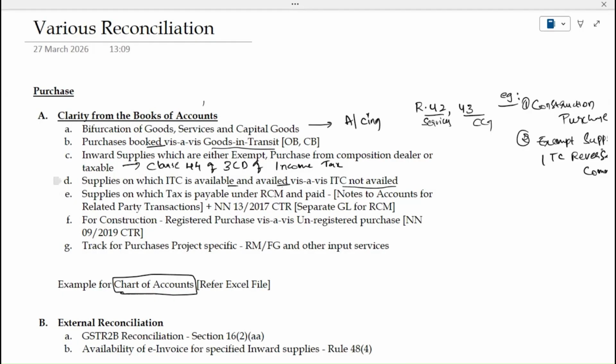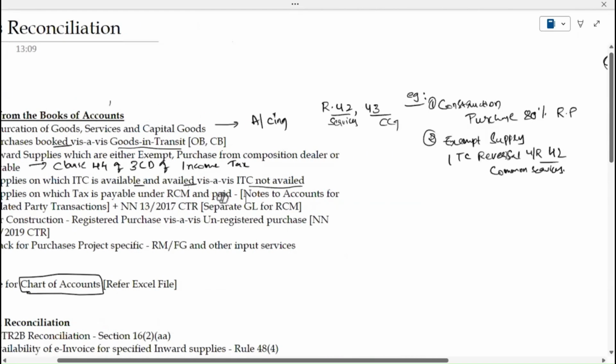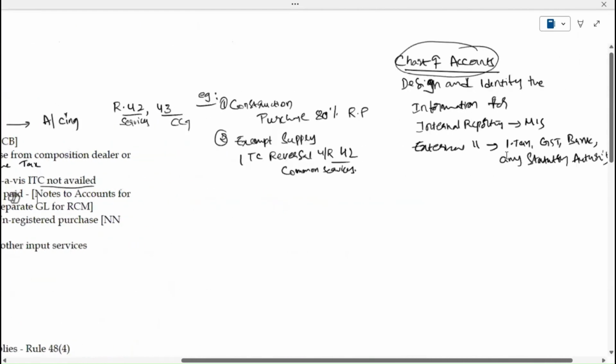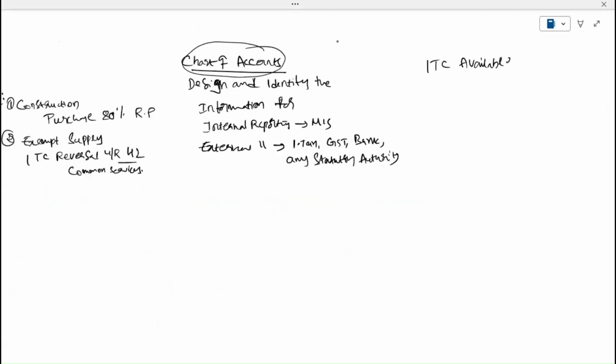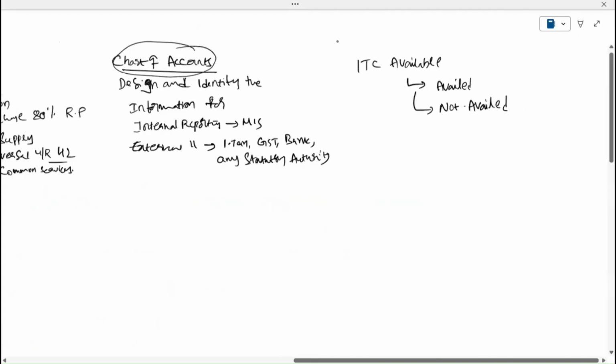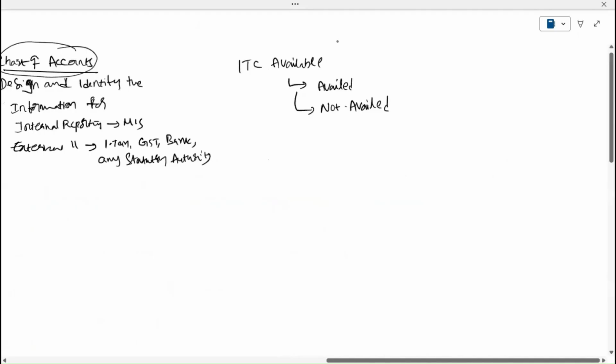Now, clause D is again asking me to reconcile input tax credit available, which is availed, which is not availed. Now, this I have to know. Sir, ITC is available and availed, there is no issue.